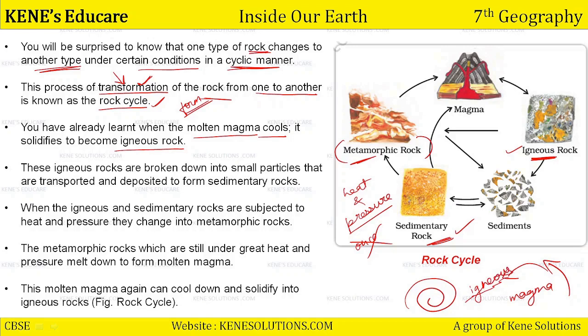These igneous rocks are broken down into small particles that are transported and deposited to form sedimentary rocks. ठीक है, यही एक igneous rock due to weathering and various other processes it wears down. ये टूटता रहता है, इसकी कोई ना कोई elements उड़ते रहते हैं and these sediments are transported and deposited to some other place to form sedimentary rocks. क्योंकि इसके sediments उड़ रहे हैं और कहीं जा रहे हैं, that is why sedimentary rock is made out of an igneous rock. एक igneous rock के sediment टूट कर sedimentary rock बना रहे हैं.